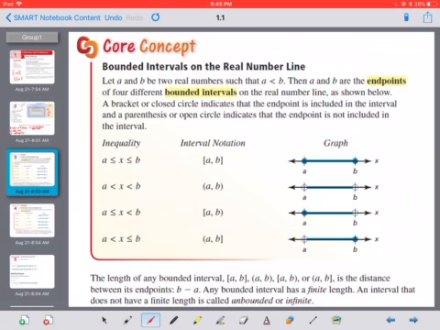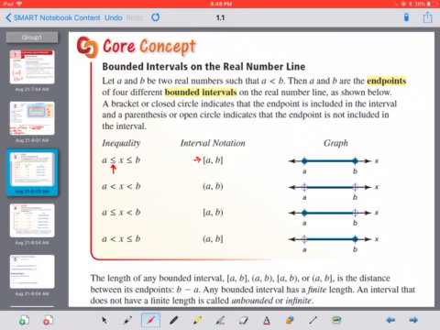Now, the bracket versus the parenthesis. This was a thing that I had to really think about and come up with a way to remember it. So, the way I remember it is if there is a straight line for an equal sign, then you get a straight line bracket instead of a curved parenthesis. So equal sign, straight line.